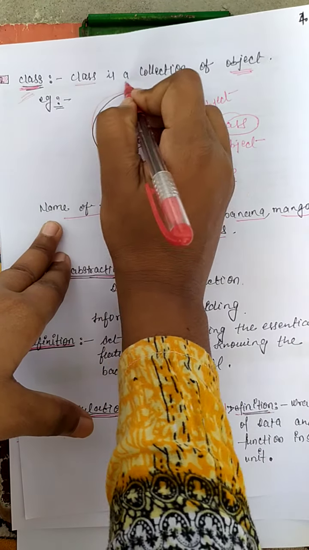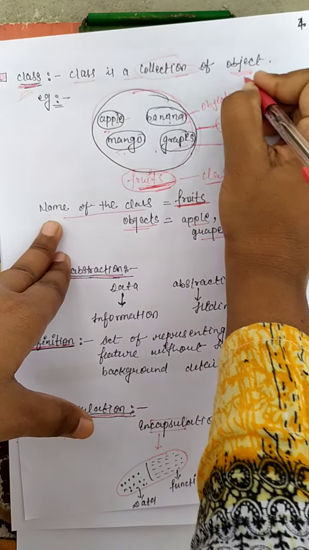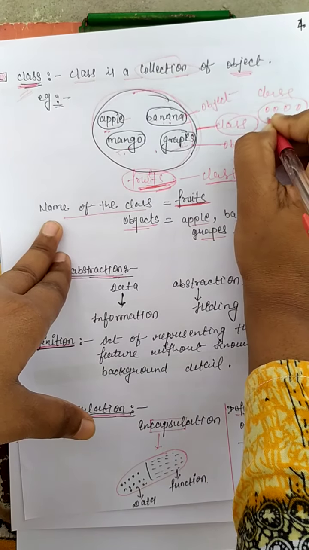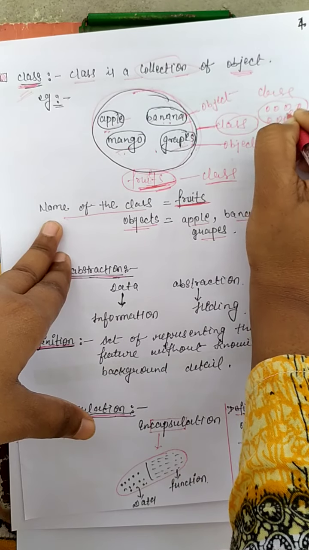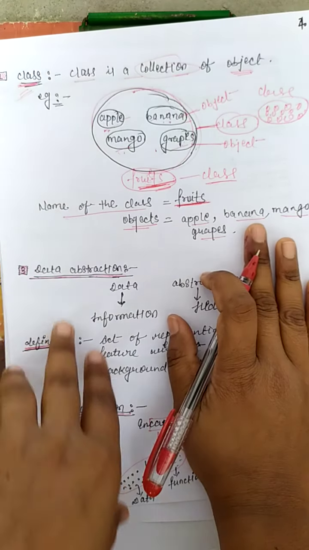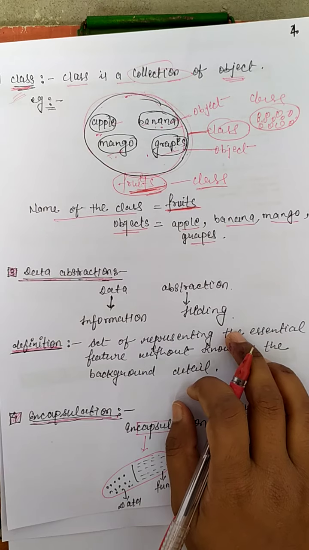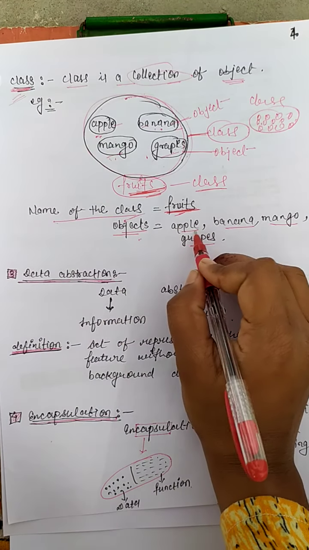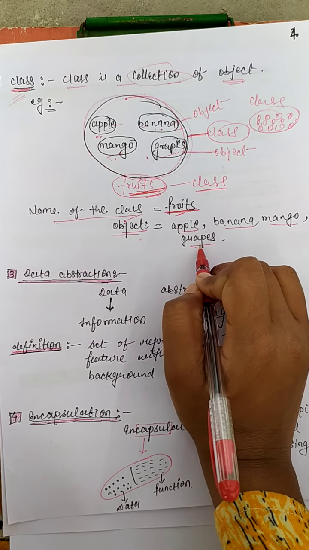So that's why class is called a collection of objects. That means class contains different types of objects with the same characteristic or behaviors. So here the class name is fruits and the object names are apple, banana, mango, and grapes.